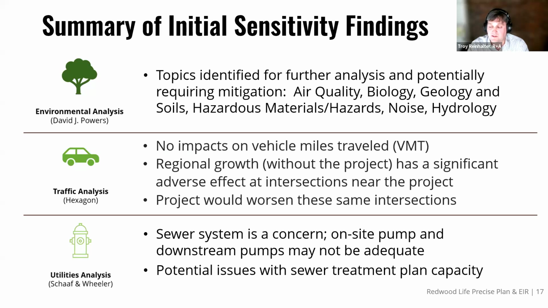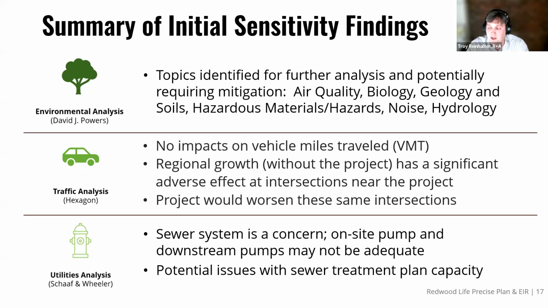The preliminary analysis also found that cumulative regional growth is so substantial that before the project is even considered, many nearby intersections have significant delays in the future. However, the project would worsen some of these intersections, as Michelle will discuss.